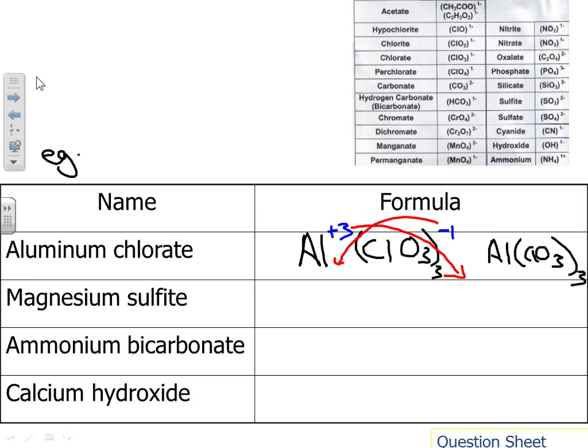Magnesium sulfite. If you see how to do this, go ahead of me with pencil. Don't wait for me. Magnesium, sulfite, find the sulfite, brackets, cross over the charges, put it down. I'm going to just proceed with some slowness so that you can get ahead of me.